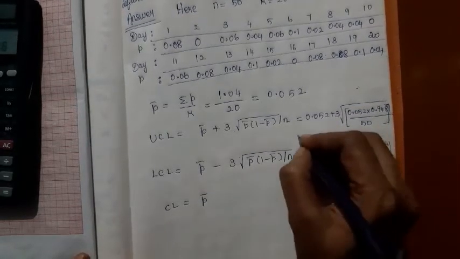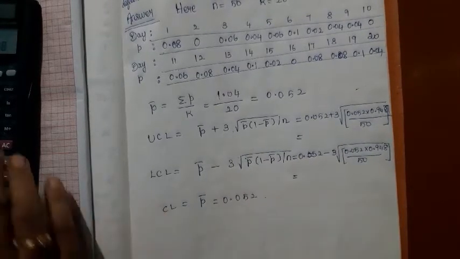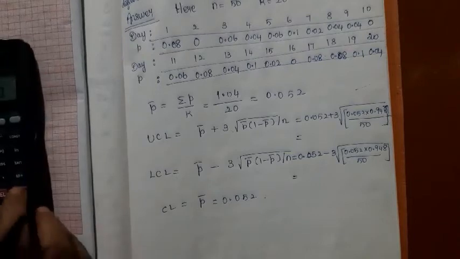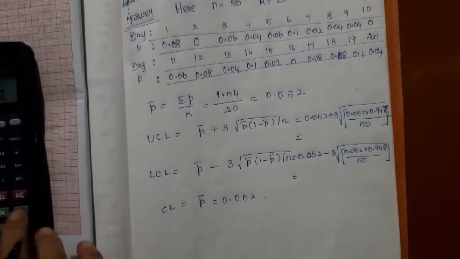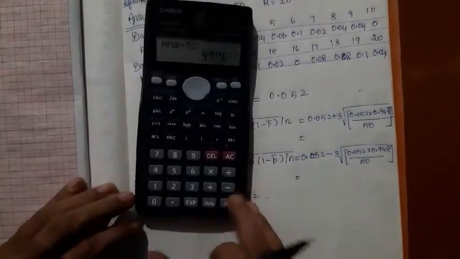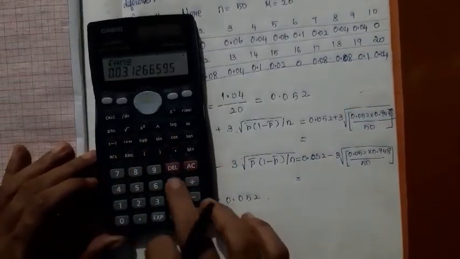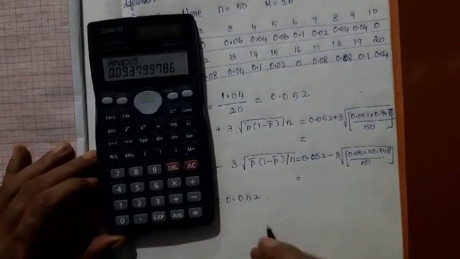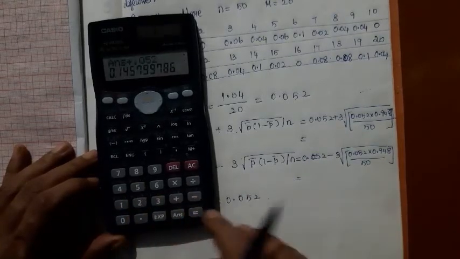And the P bar value is 0.052. So let us do this: 0.052 into 0.948 divided by 50. Take root of it, multiply by 3 and add with 0.052.